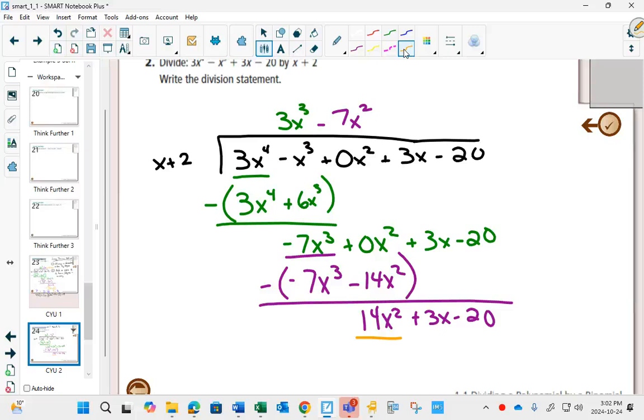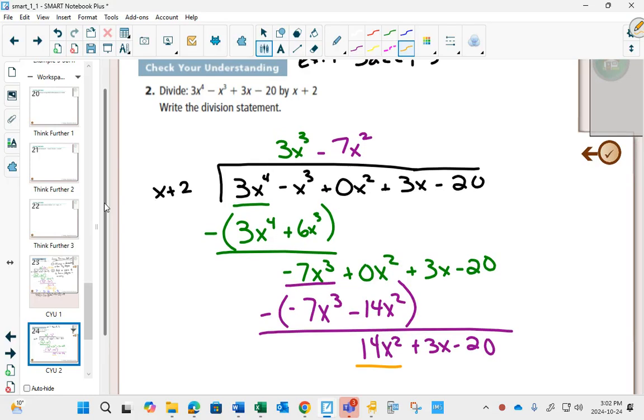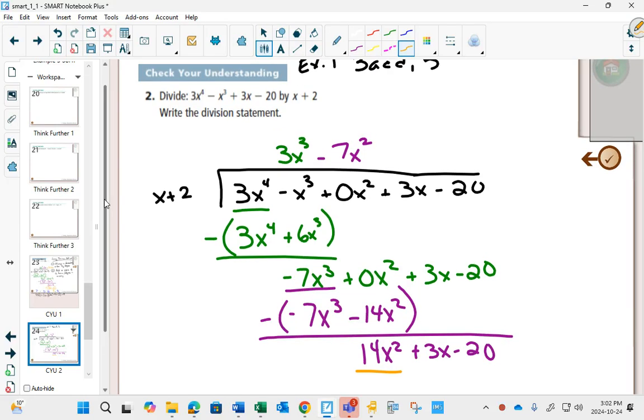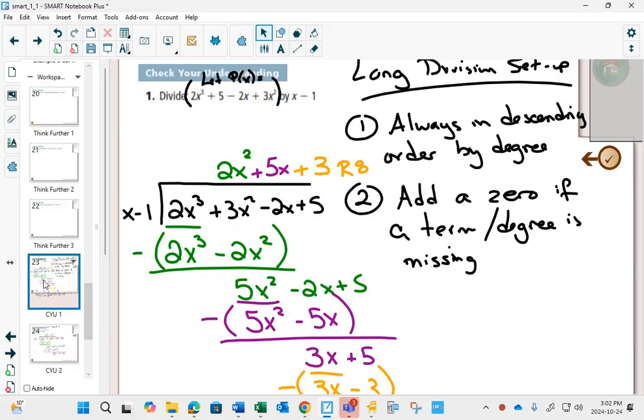I'm quite confused by the 0x squared in combination with making it minus and everything. Okay, so where did the 0 come from? I feel like in what we wrote as the setup, we have to add a 0 if a term or degree is missing.